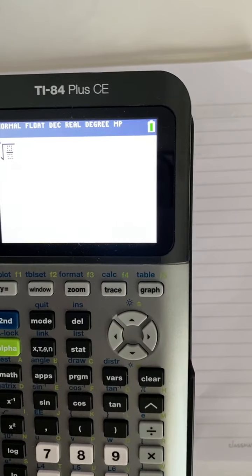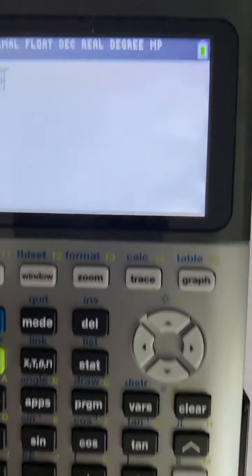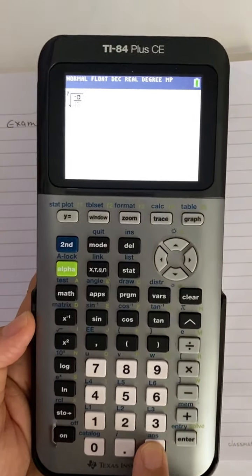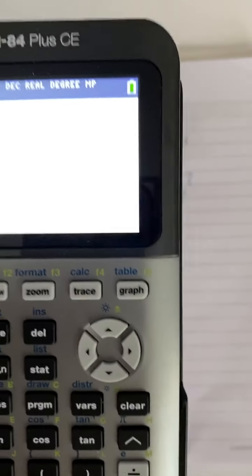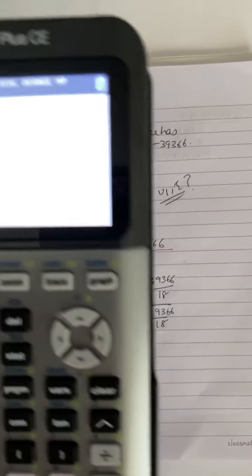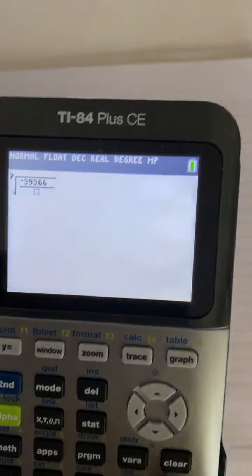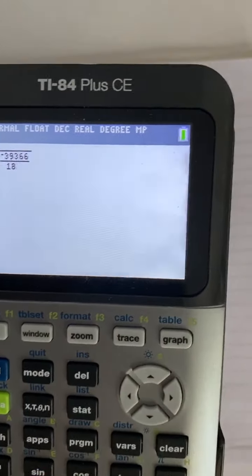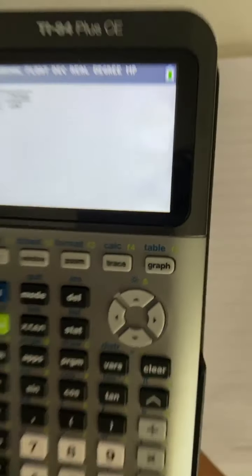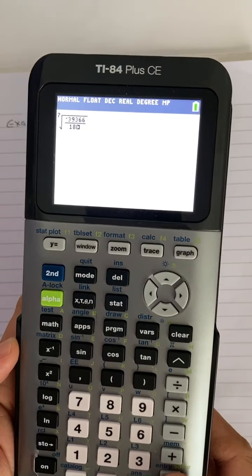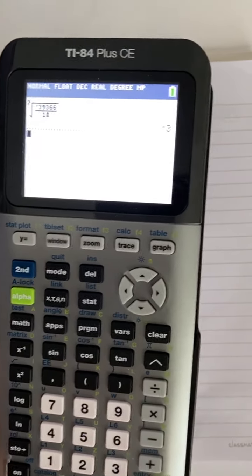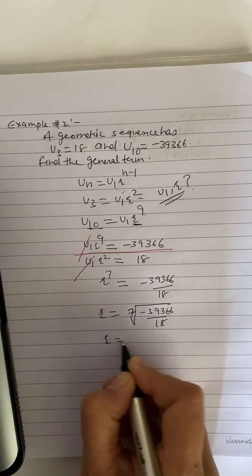The numerator is negative, so when you enter negative numbers you have to press the negative key, then 39,366, and divide by 18. Now I press enter, and it gives me the answer. So my r is equal to negative 3.